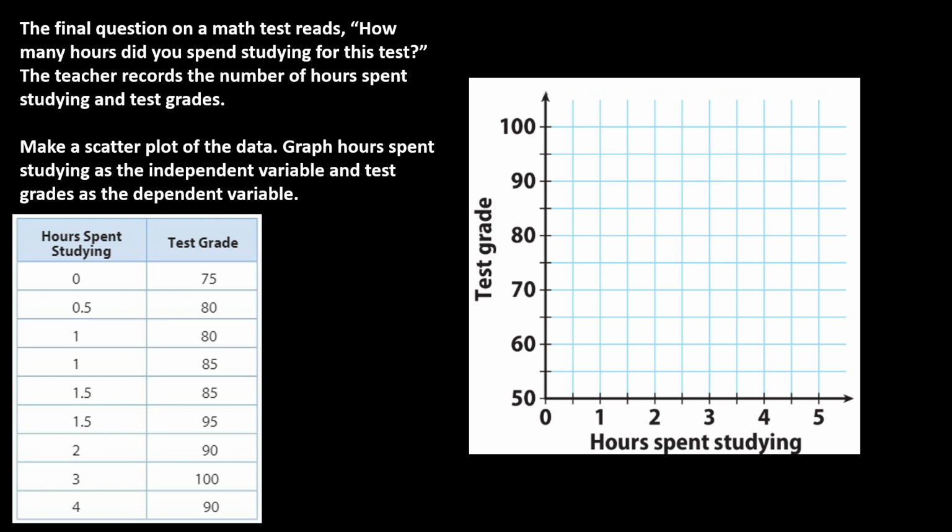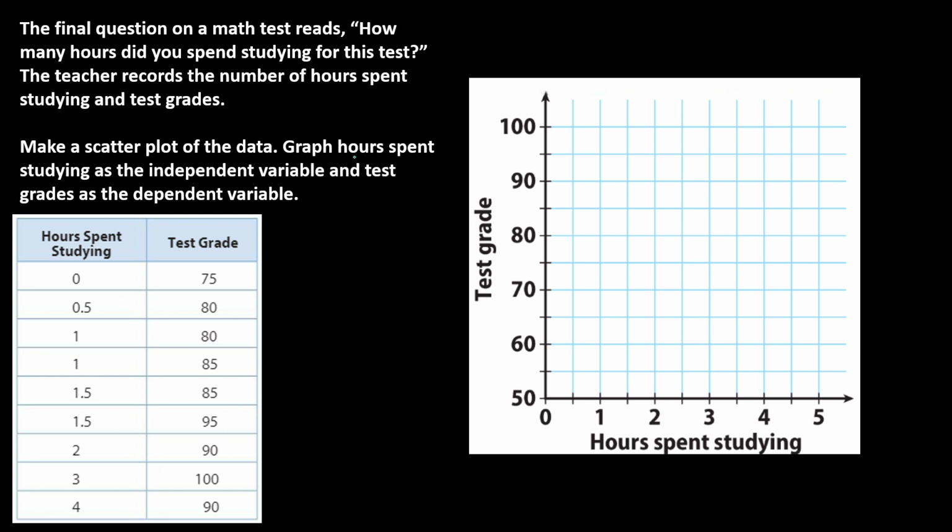So let's take a look at another one. We are told that the final question on a math test reads, how many hours did you spend studying for this test? The teacher records the number of hours spent studying and the test grades at the end. So we're going to take the table shown with all of her data, and we're going to make a scatter plot of it.